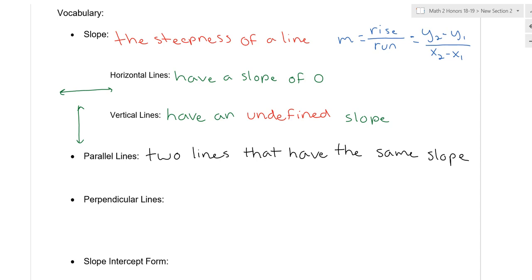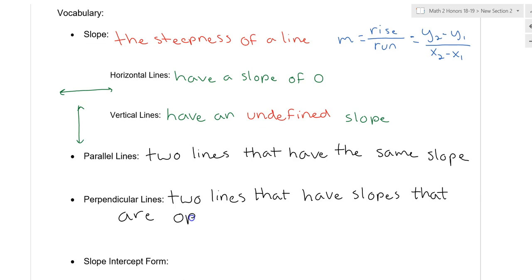So perpendicular lines are two lines that have slopes that are opposite reciprocals. That's not how you spell it. That should be a C.